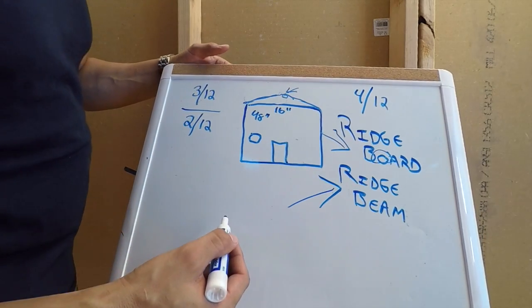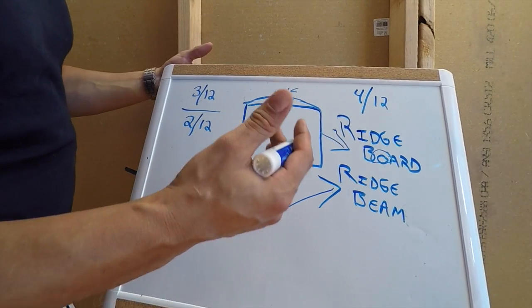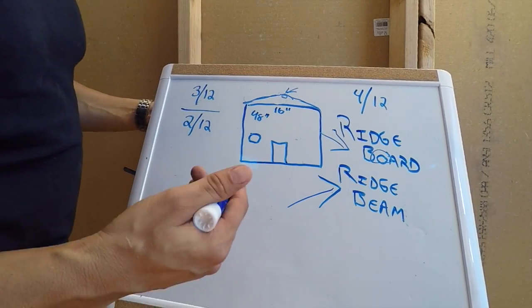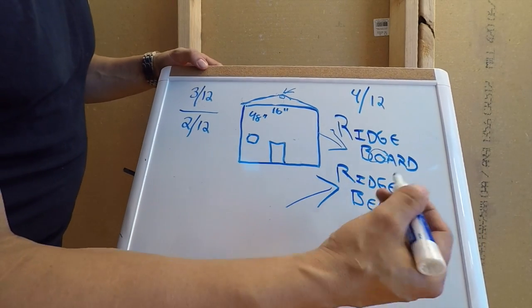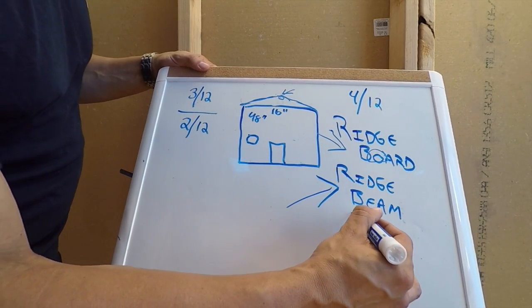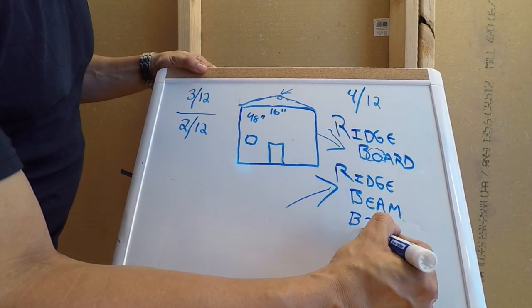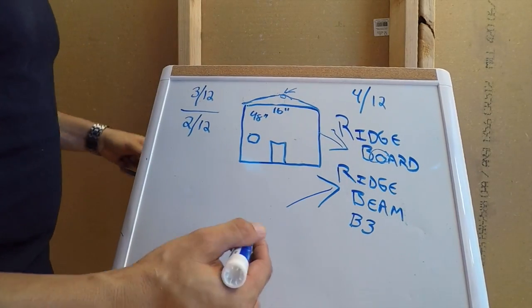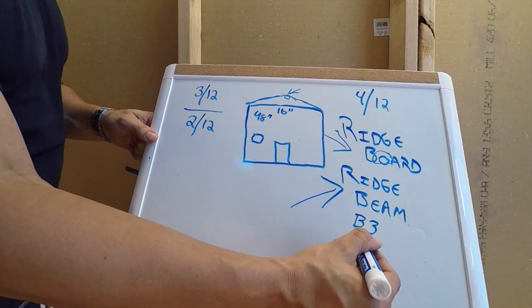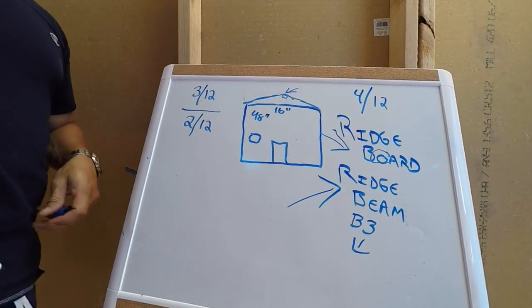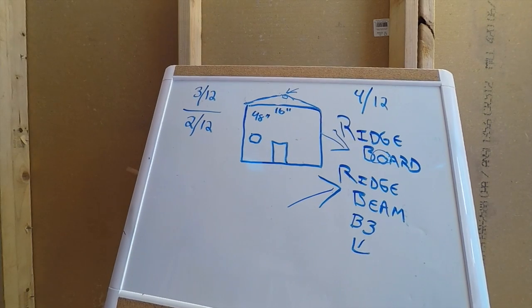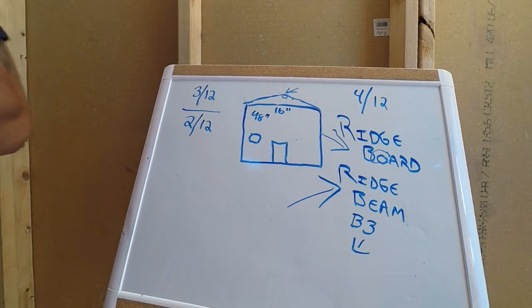O is for over, which basically means anything over the 3/12, or you can remember it this way: beam. Flip that E around to a 3. Anything below a 3/12 pitch is going to need the ridge beam.